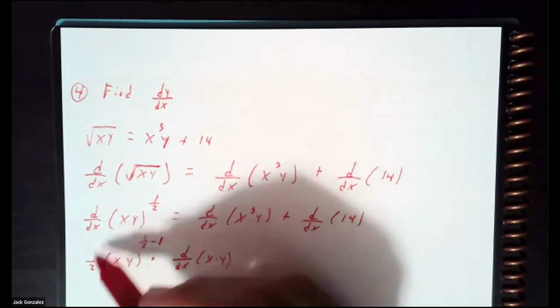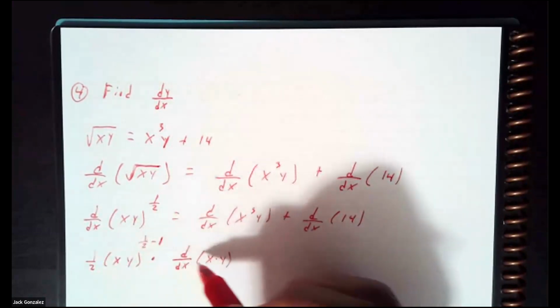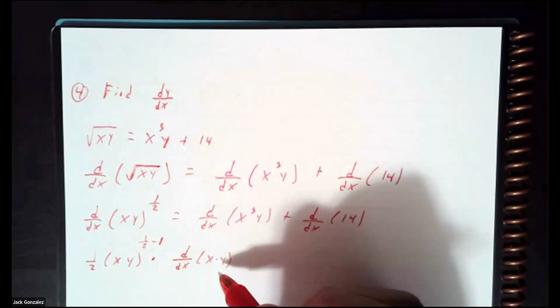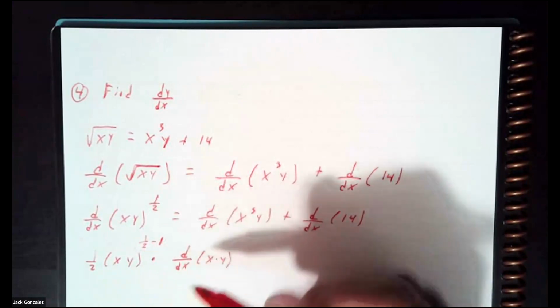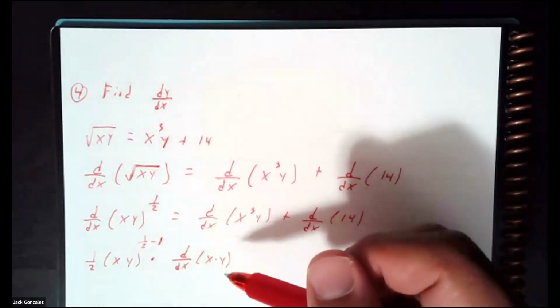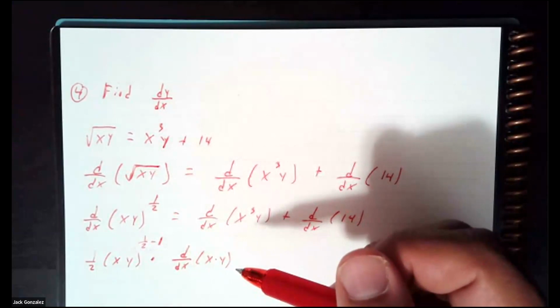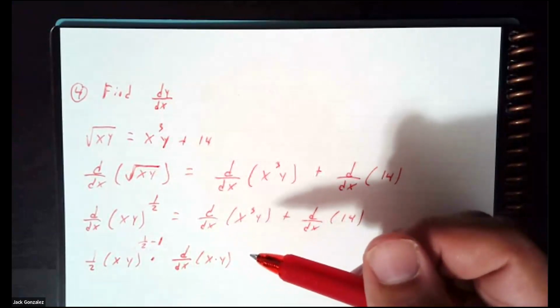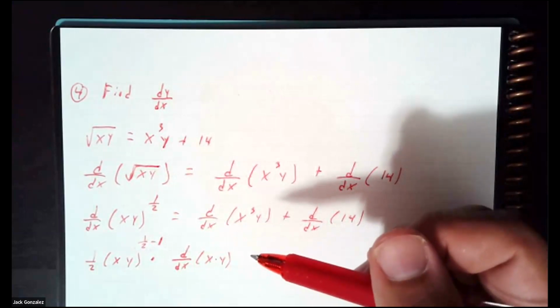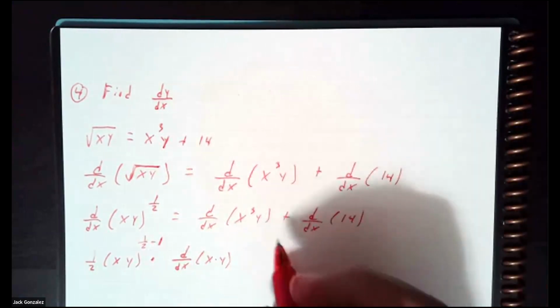So that's the outer function times the derivative of the inner function. So this is a chain rule problem. You guys okay with this first step? Yes. Yeah.